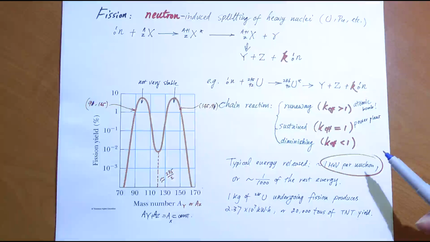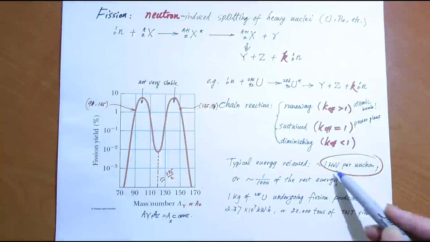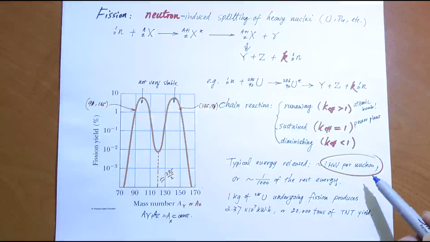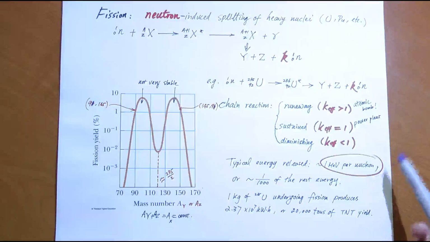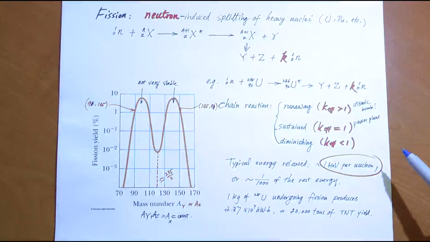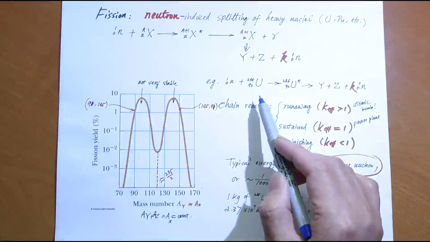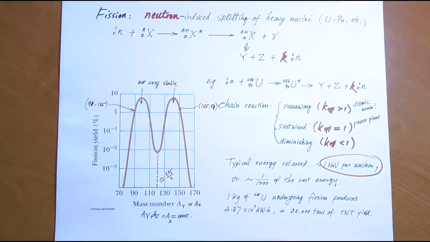So roughly speaking, they're about 1,000 MeV of rest energy, of which 1 MeV is converted into energy. So the mass loss as a result of the fission is about 0.1%, or 1 in 1,000. So again, 0.1% of the mass of these uranium nuclei is actually turned into pure energy.